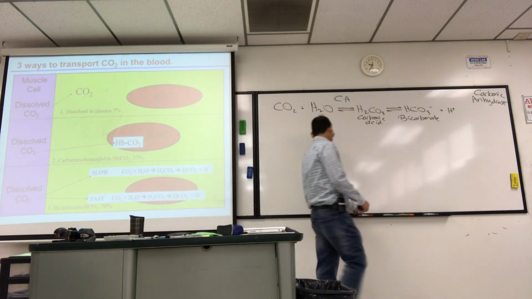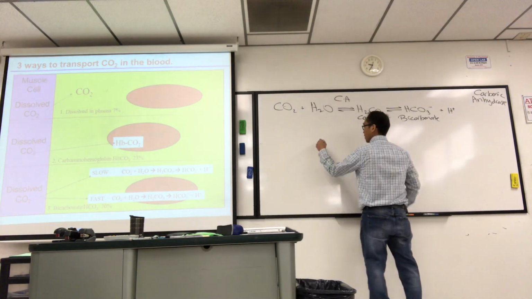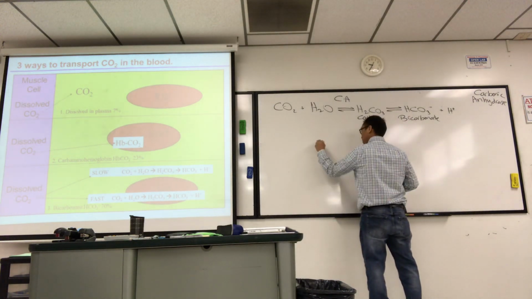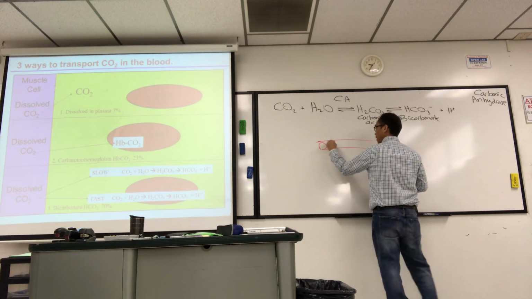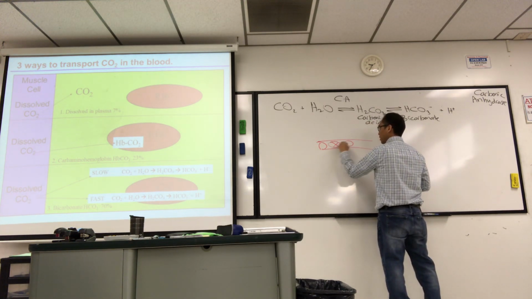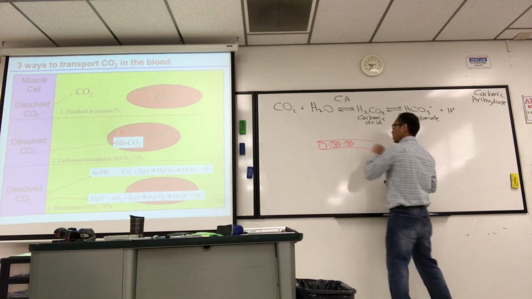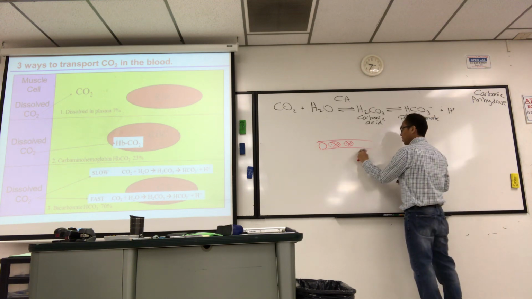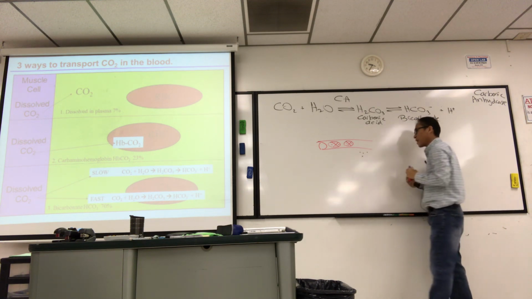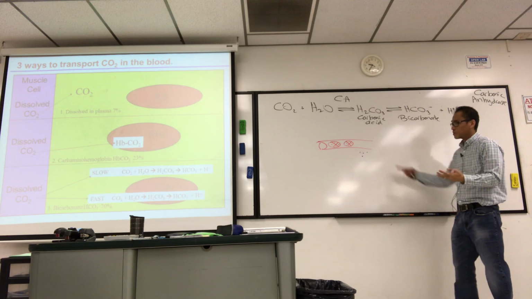So here in a blood vessel, all my O2s are on there. I've got my CO2s. They're standing at the bus stop. They want to get on the bus, but they really can't, at least in terms of hemoglobin.